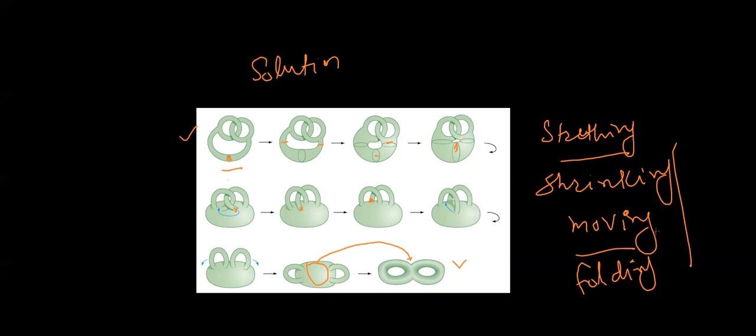I've applied all of these operations in order to turn this first entangled picture into the two-hole donut. And nowhere have I used any breaking operation or gluing operation.